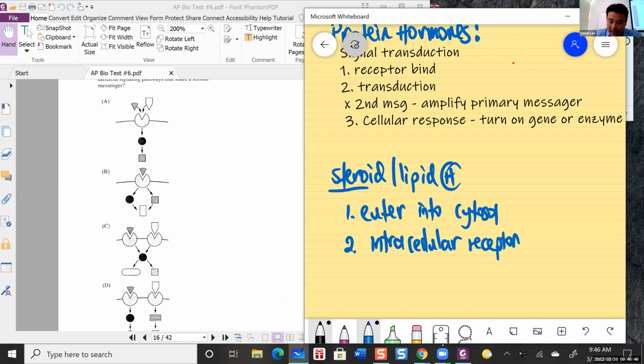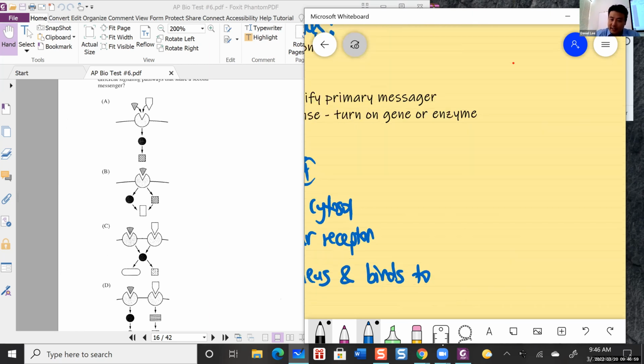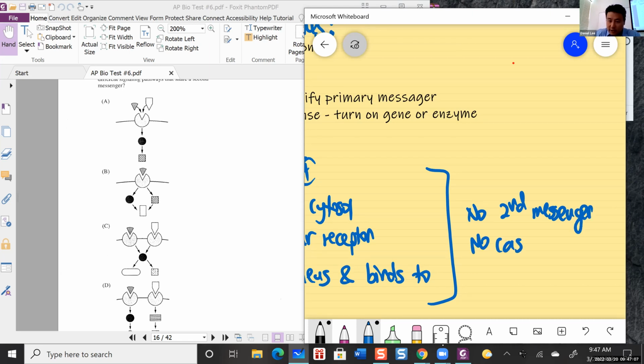And the whole complex enters the nucleus and binds to DNA. That's the only way they can work. There is no secondary messenger, no signal transduction, no cascade of reactions turned on.